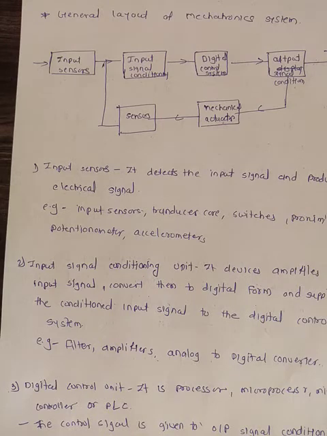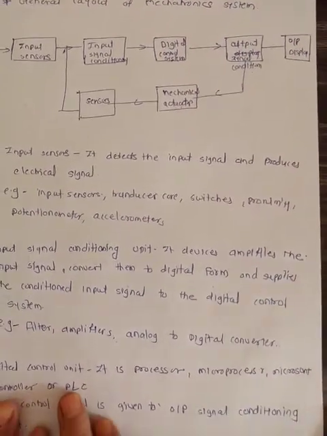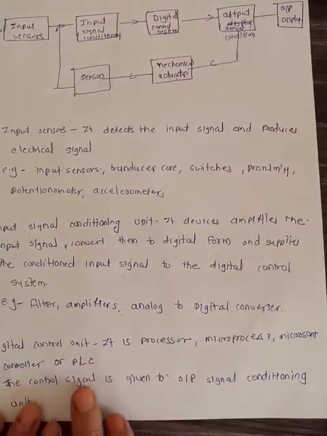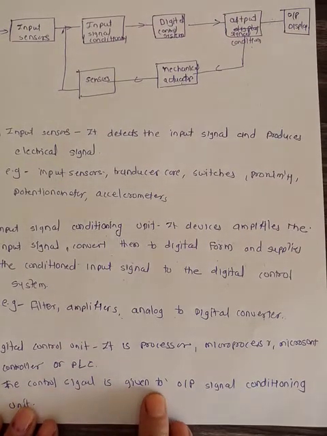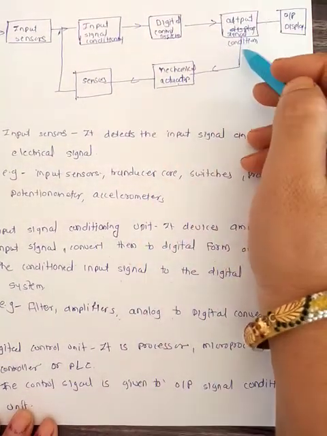Then next will be the output signal conditioning system. The digital control unit gives the control signal to the output signal conditioning.